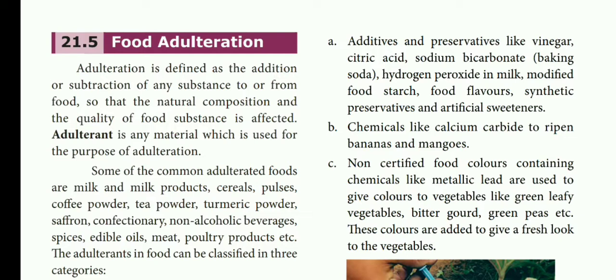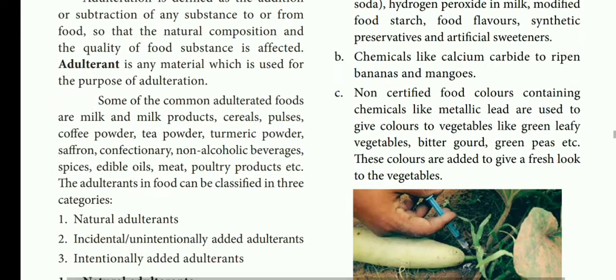Some of the common adulterated foods: milk and milk products. Probably we know water is the main adulterant in milk. Then cereals and pulses, maybe sand or pebbles. Coffee powder: chicory is the main adulterant in coffee powder. Tea powder: some other leaves may be combined with the tea leaves. Turmeric powder: an artificial color called metanil yellow to bring more color to the turmeric powder.